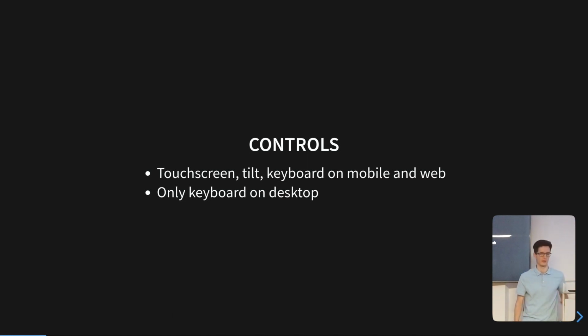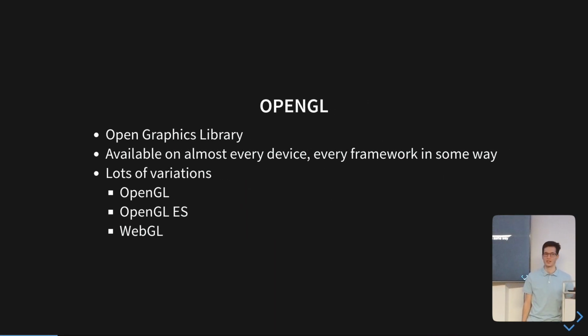So the first design decision was which graphics API to use, and I ended up using OpenGL because it's low level and I wanted to be in control over the finer details. OpenGL stands for Open Graphics Library.